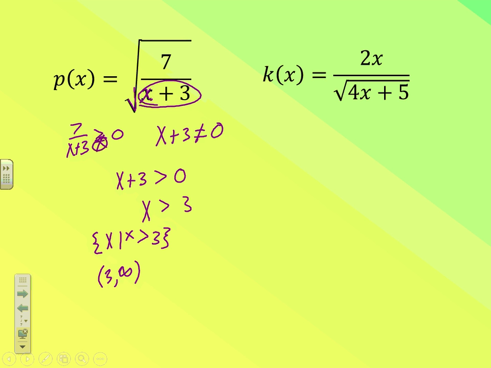And for the last example that we have here, we have, again, a combination. We have the variable in the bottom again, but the entire denominator is a radical expression. So the denominator itself, the 4x plus 5, that whole thing can't equal 0.